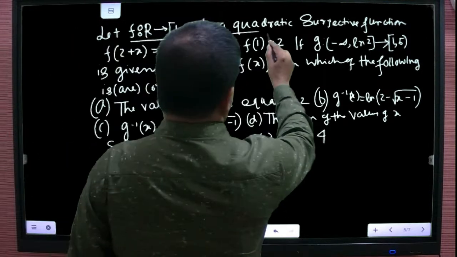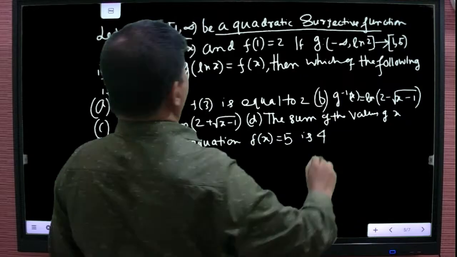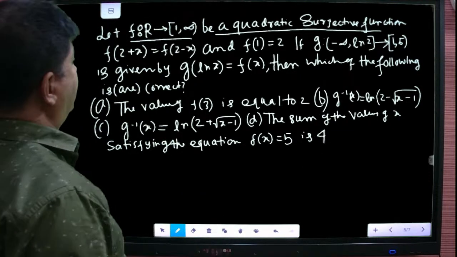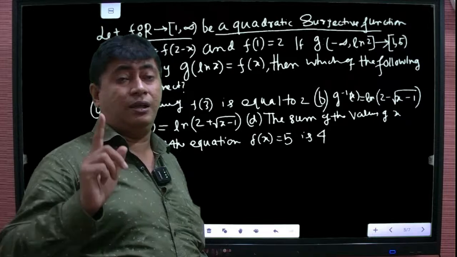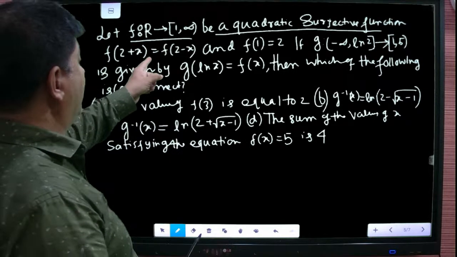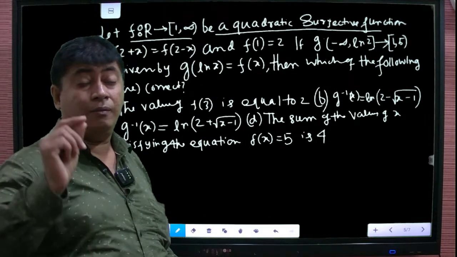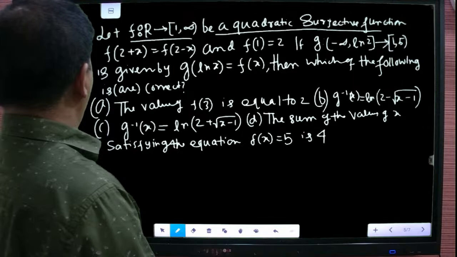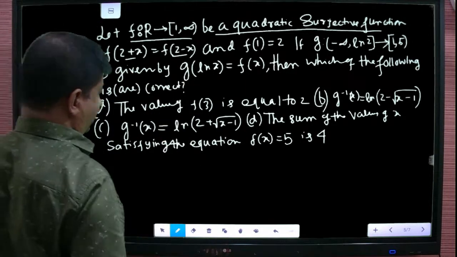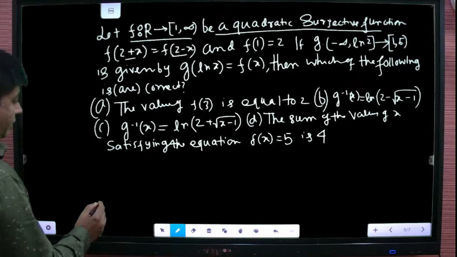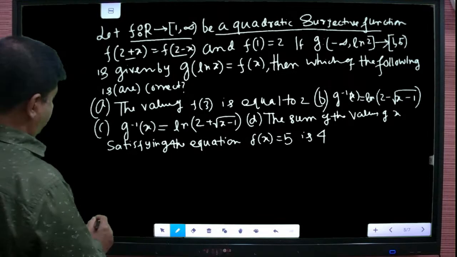It is a quadratic surjective function. Quadratic and surjective means onto, not necessarily one-one, because it's quadratic. Quadratic means many to one. Now it is symmetry, f(2 plus x), f(2 minus x). Okay? So let us start.